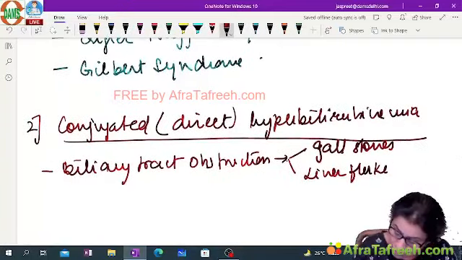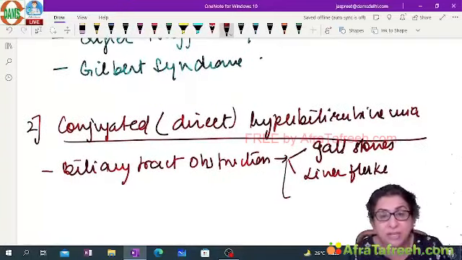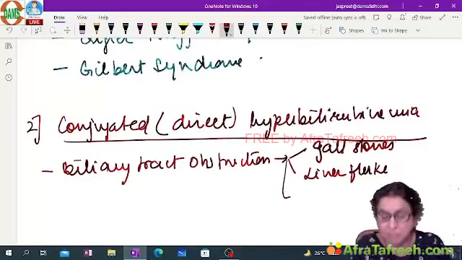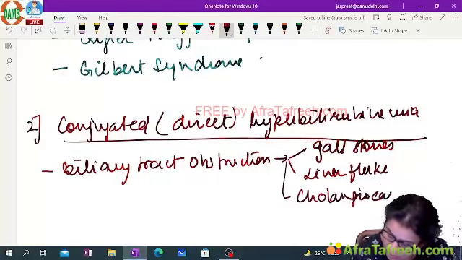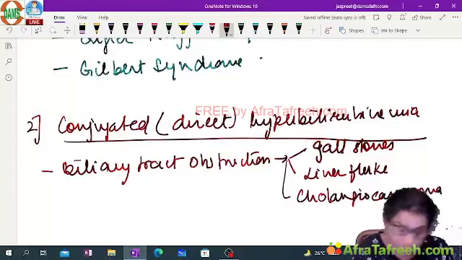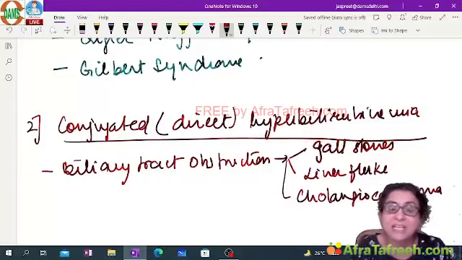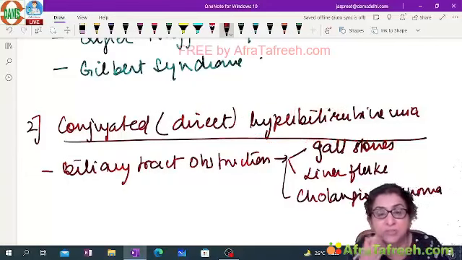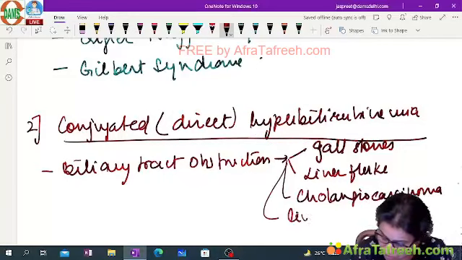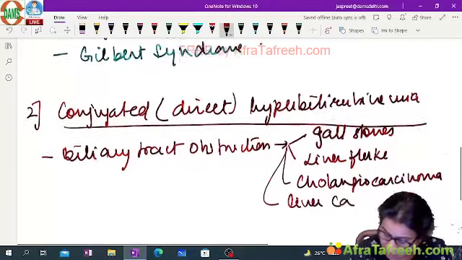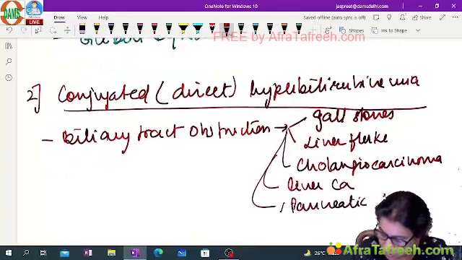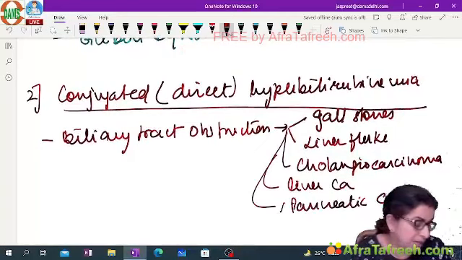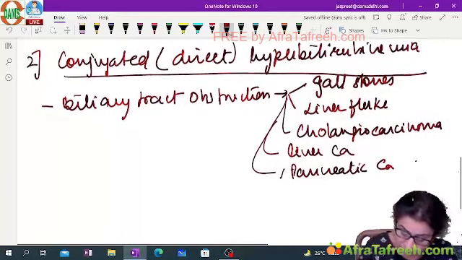Obstruction can also be produced by malignancies of the bile duct, which is cholangiocarcinoma. Hepatocellular carcinoma, liver cancer or pancreatic cancer can also cause obstruction of the bile ducts and prevent the flow of bile. So this is biliary tract obstruction.